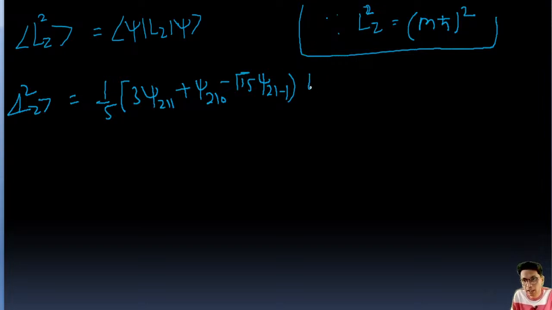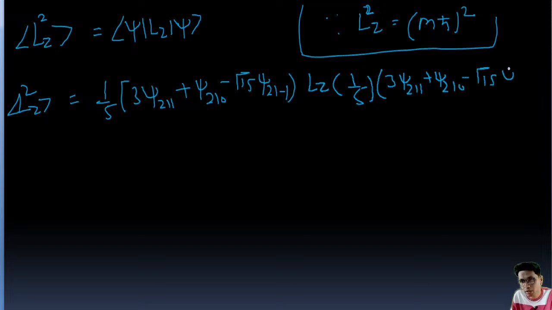And then Lz, and this value is going to be the same, that is 1 upon 5 into 3 psi 211 plus psi 210 minus root 15 psi 21 minus 1.